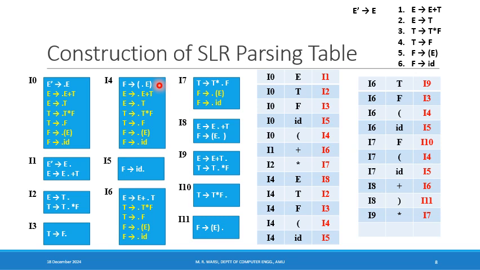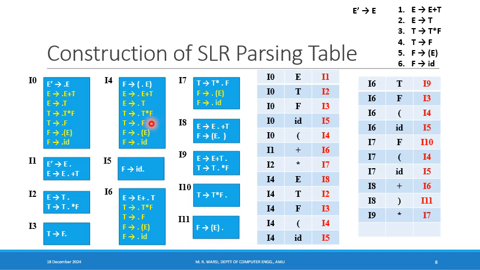Immediately after the dot, I have the variable capital E in this LR0 item. So I will add LR0 items corresponding to the productions of the variable capital E. So these two have been added because of this. And once again, look at this LR0 item. I have a variable capital T after the dot, so I will add LR0 items corresponding to the productions of the variable capital T. So these two have been added due to this.